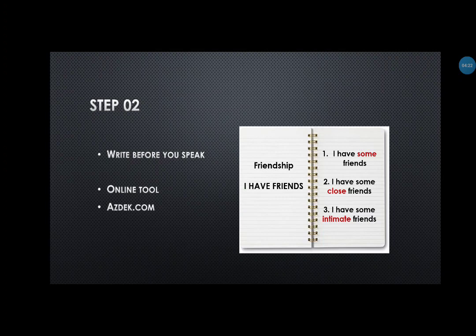So, by using this online tool, you can make sentences on your own. For example, you can say, I have friends. A very simple sentence. Make it a bit more complicated by saying, I have some friends. Let's use an adjective. I have some close friends. I have some intimate friends. You can say a circle of friends.